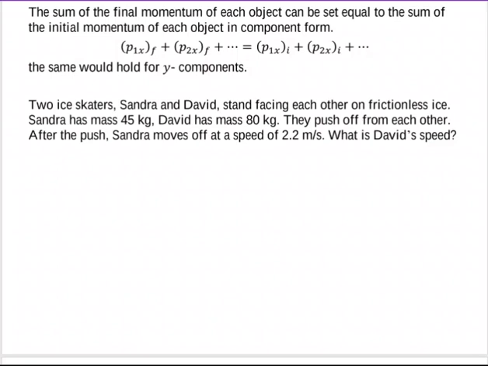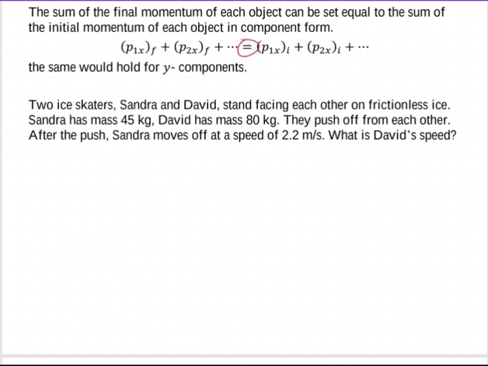And this is where it gets really good. So momentum of object 1x final plus momentum of object 2x final plus, and so on, right? If we have all these objects in the x direction, final equals, so here's your equal sign right here, just don't get confused.